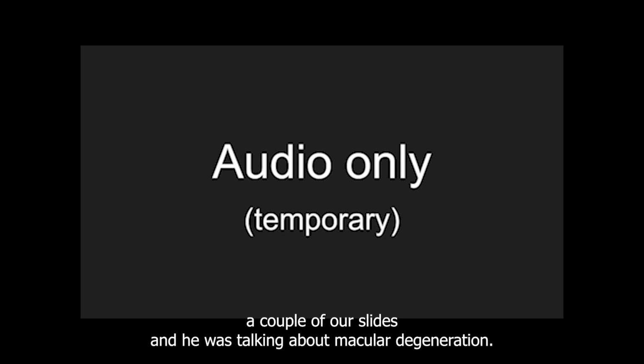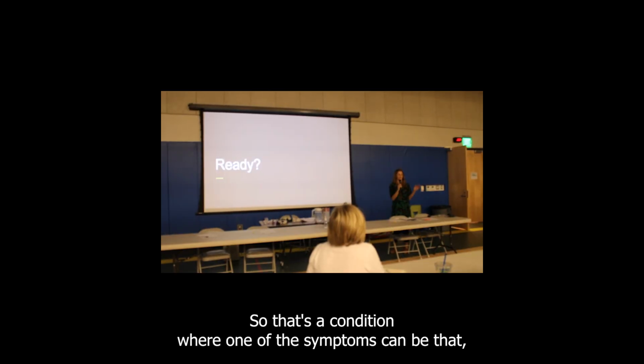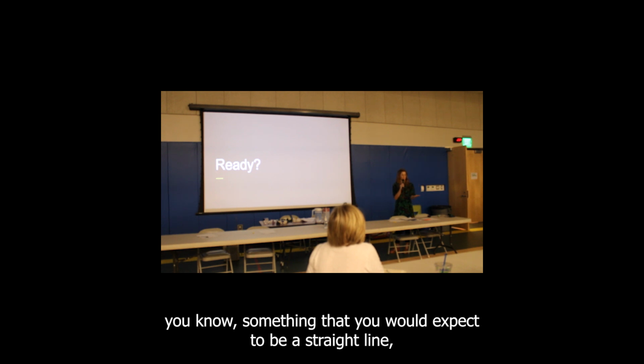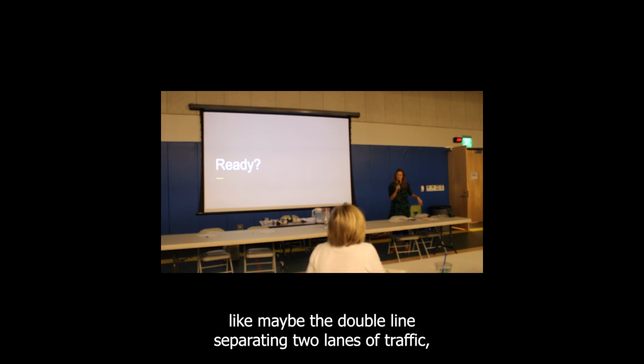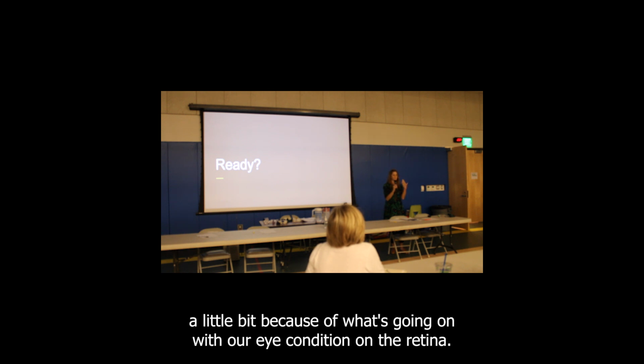He was talking about macular degeneration, a condition where one of the symptoms can be that something you would expect to be a straight line, like the double line separating two lanes of traffic, looks wavy, or for some people even moving a little, because of what's going on with their eye condition on their retina.